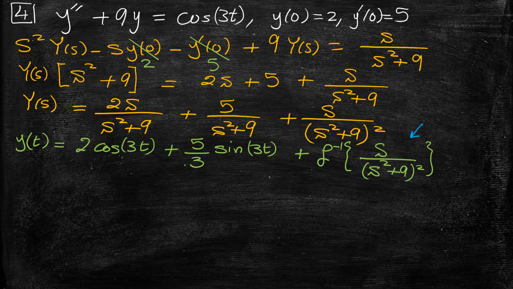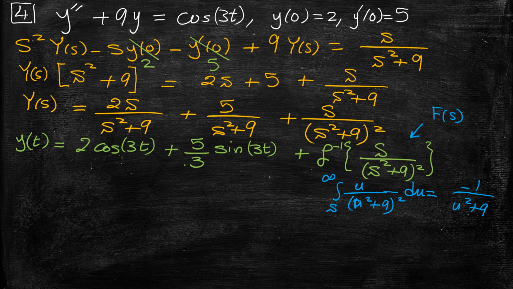If this is our f of s, we have this term s over s squared plus 9, or plus something squared. We can do what's called the integration from s to infinity, and this is u over u squared plus 9, all squared, du. And then this integration will end up with minus 1 over u squared plus 9.